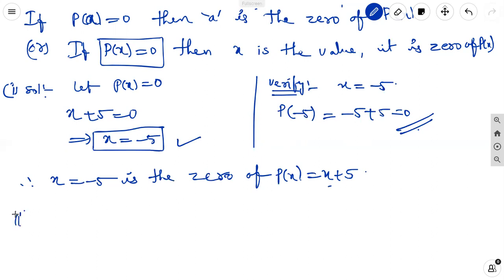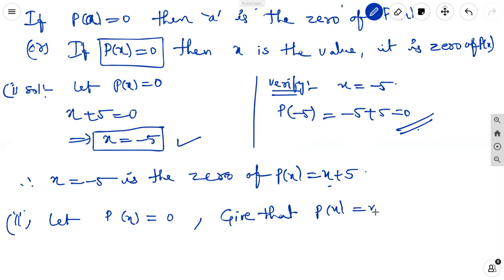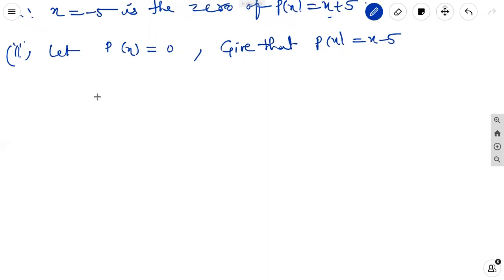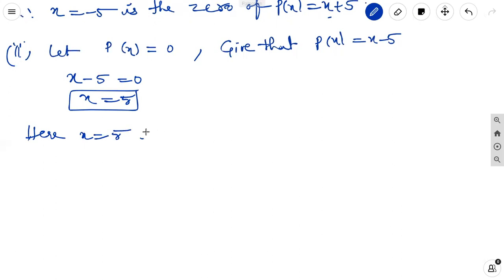The second one, let p of x equal to 0. Given that p of x equal to x minus 5. Again take the relation x minus 5 equal to 0, then x equal to 5. Here x equal to 5 is the 0 of p of x equal to x minus 5.